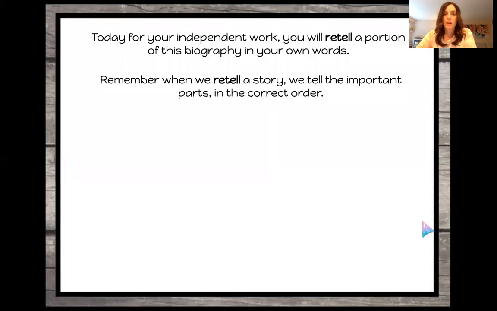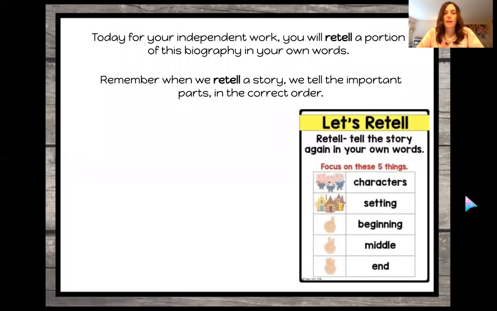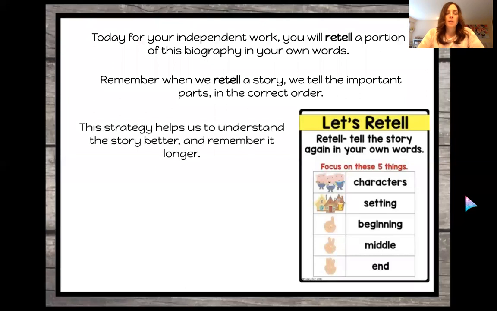So today for your independent work, you are going to retell a portion of this biography in your own words. Remember, when you retell a story, you tell the important parts in the correct order. So you want to think about focusing on the character, the settings, and then the beginning, middle, and end of whatever portion you're retelling.